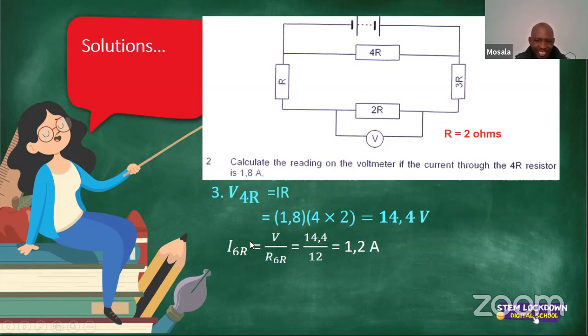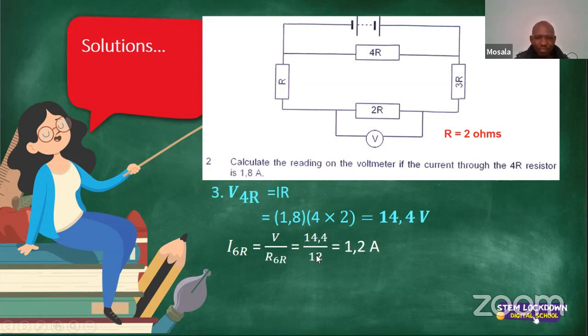So now we are saying current there will be equal to V over R. We know V because voltage is the same in parallel resistors. So the current will be 14,4 divided by 12.